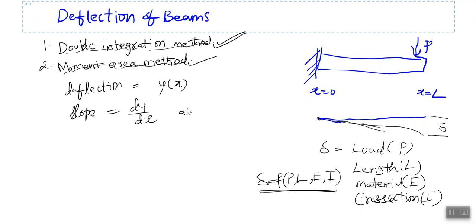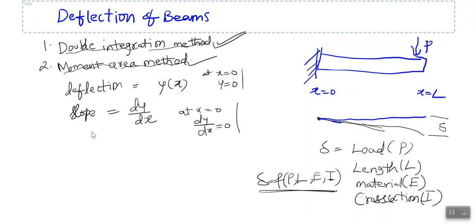So at x equal to 0, dy by dx is 0. And also we have at x equal to L, we will have the maximum deflection. And the deflection also at x equal to 0, y is 0. That is, the deflection is 0.